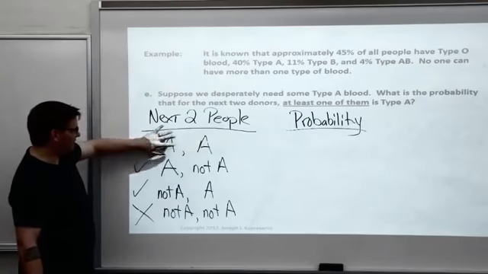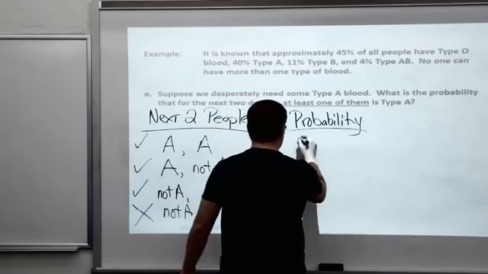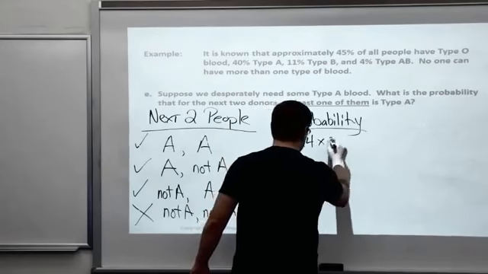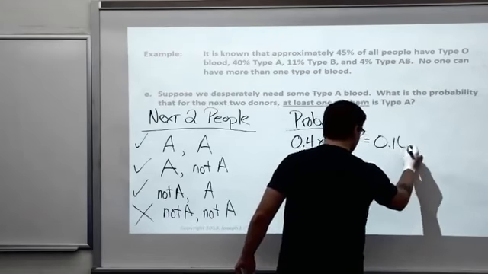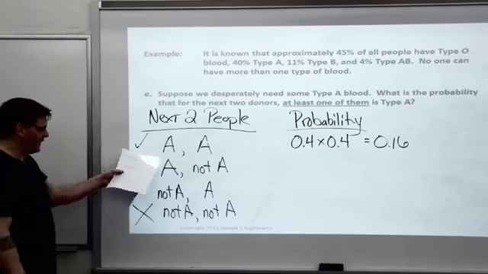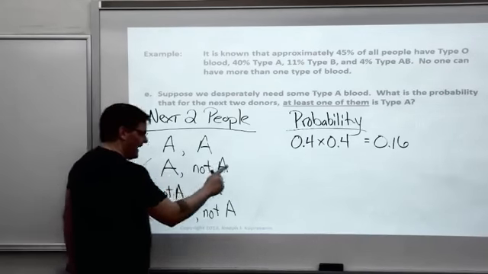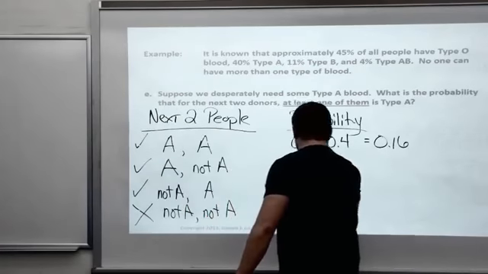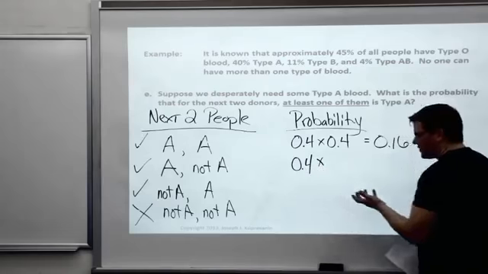This is like probability of A and A, but I won't write that. I'll just say the probability of that happening is 0.4 times 0.4. That's a 16% chance that the top row happens. Next row down. First person's A, second person's not A. So what's the chance that anybody is A? It's a 0.4. Now we start combining rules.